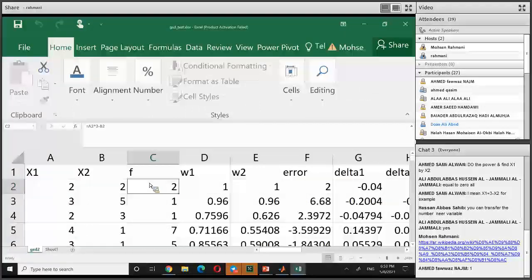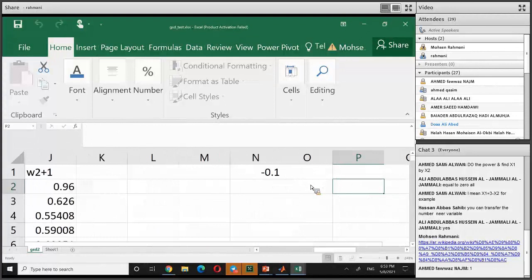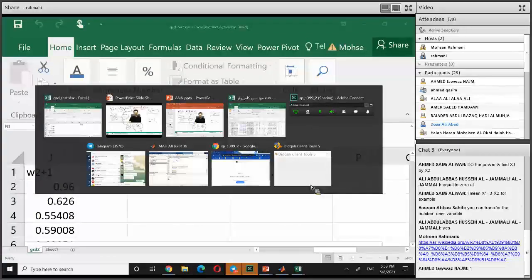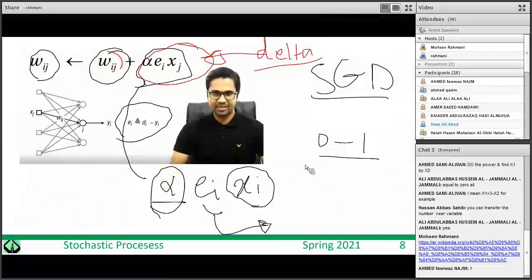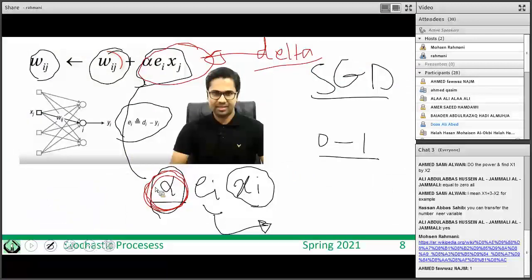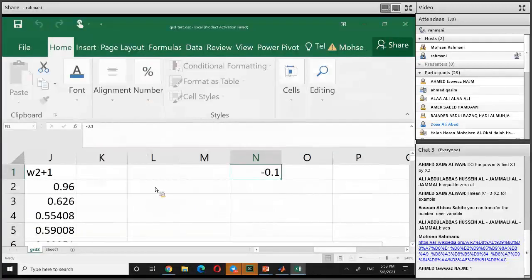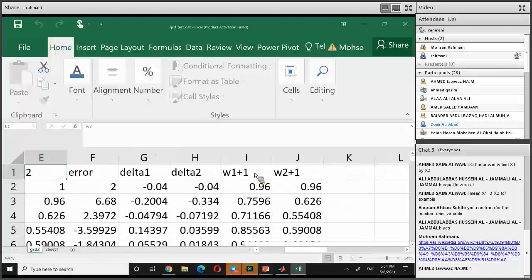Delta 1 is a multiplication of input, error and the fixed number alpha. Alpha in my Excel file is 0.1.